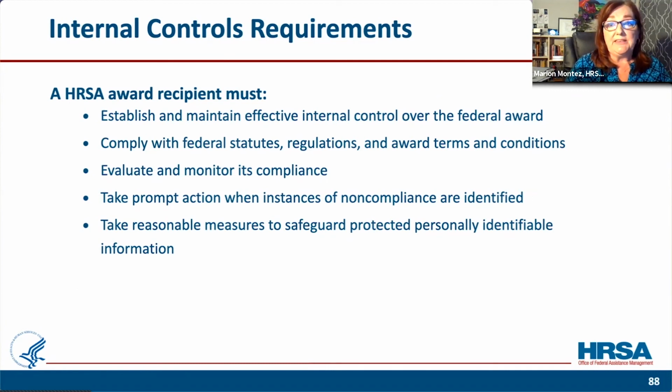Besides establishing and maintaining, you must be able to evaluate and monitor your compliance with the statutes, the regulations, and the terms and conditions. You must take prompt action when instances of noncompliance are identified, take reasonable measures to safeguard protected, personally identifiable information, and other sensitive information.